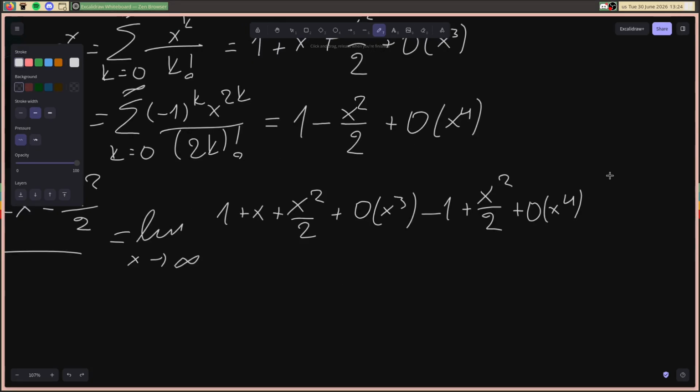minus x squared over 2. And notice that the ones cancel, the x's cancel, one of the x squared over 2 cancels, and then we get stuff that's of the order of x to the third.